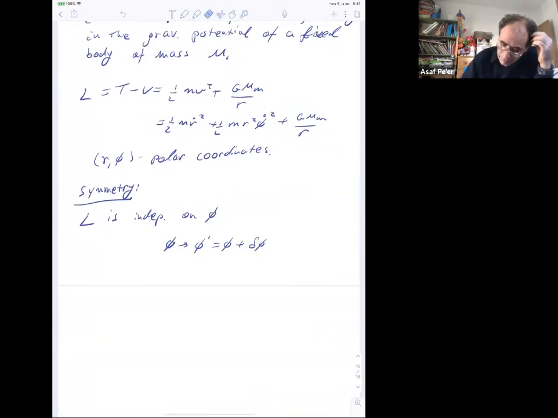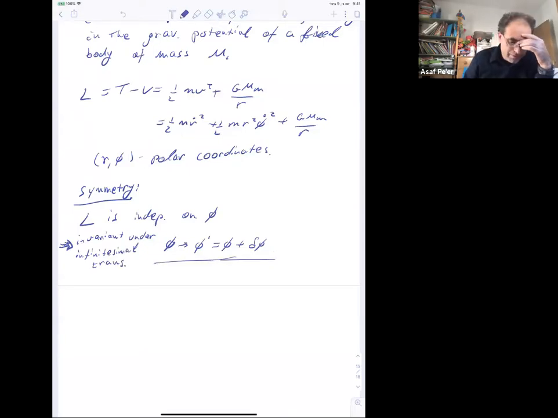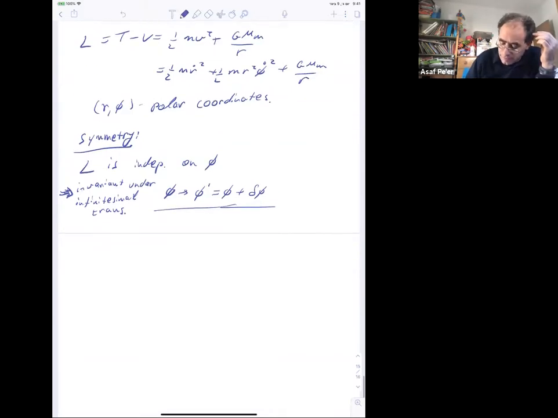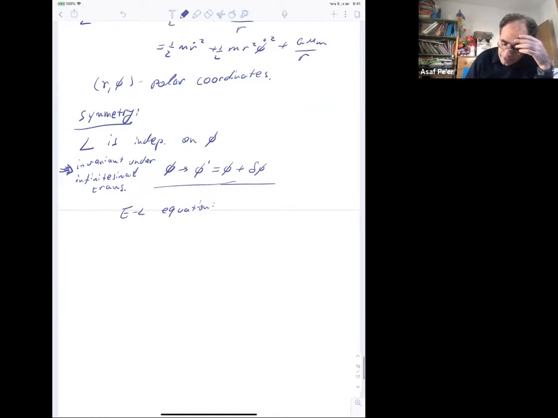So the Lagrangian is invariant under the infinitesimal transformation phi goes to phi prime, which is phi plus delta phi. And then the corresponding Euler Lagrange equation of motion means that d over dt of dL over d phi dot is equal to 0.